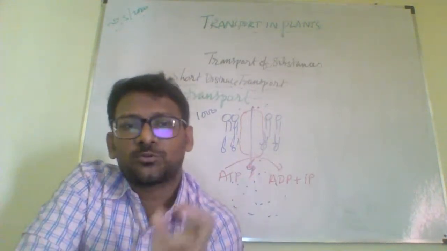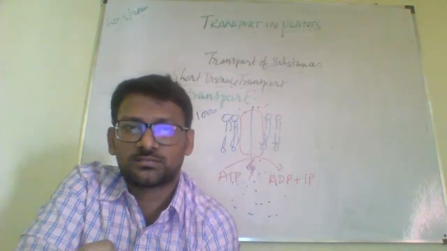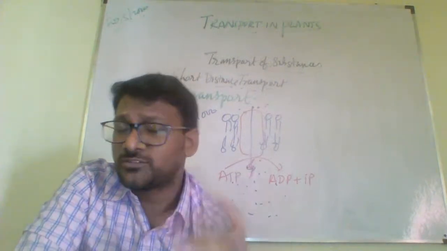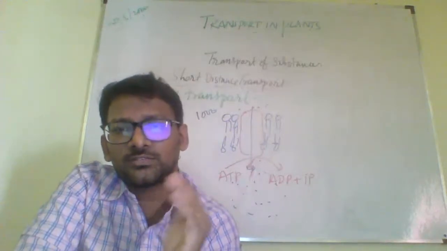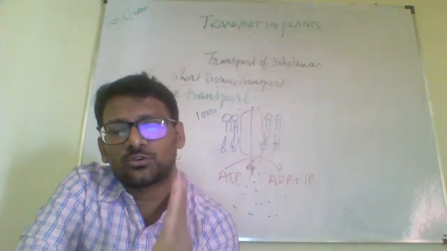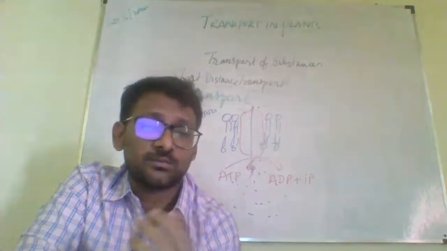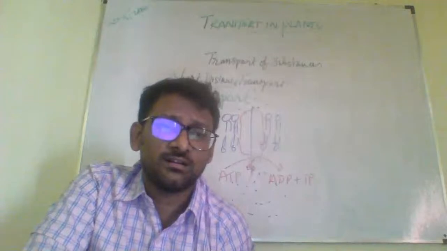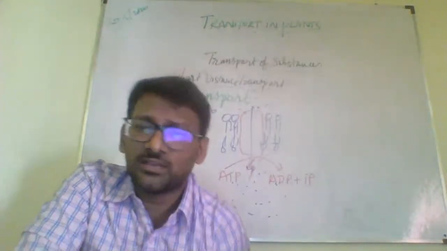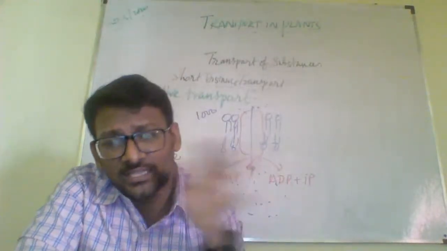Facilitated transport requires special membrane proteins, yes, but simple diffusion doesn't require any membrane proteins, no. Likewise, for facilitated transport, uphill transport will not be there, and requiring ATP energy will not be there, right?